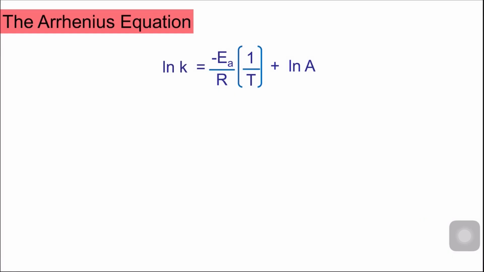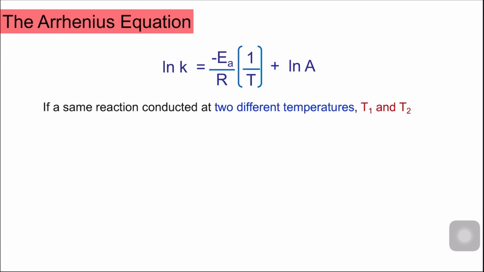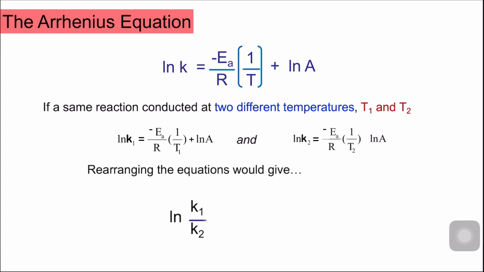So from this part, if we look at this expression, the same reaction can be conducted at two different temperatures, where we have T1 and T2. So if I have T1 or T2, I will rearrange the equation to get another expression.